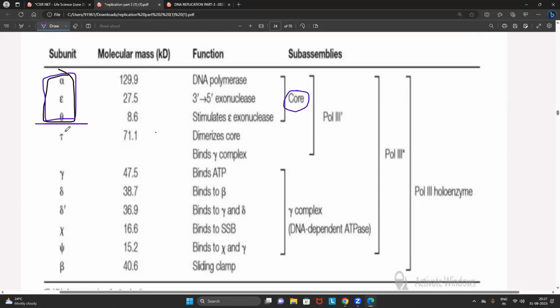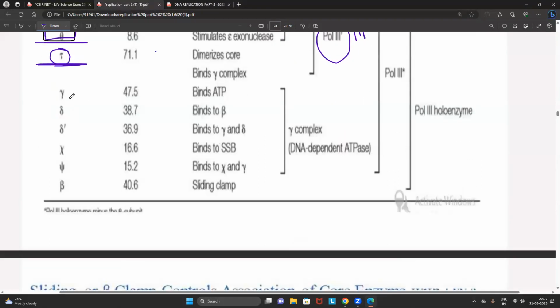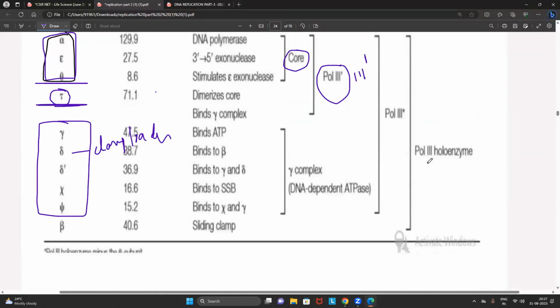When the core enzyme is connected to the tau dimer, it is called polymerase 3 prime. When this entire tau dimer is connected to the gamma complex, what can we call the gamma complex? Clamp loader. So when the tau dimer is connected to the gamma complex, we call it polymerase 3 star.